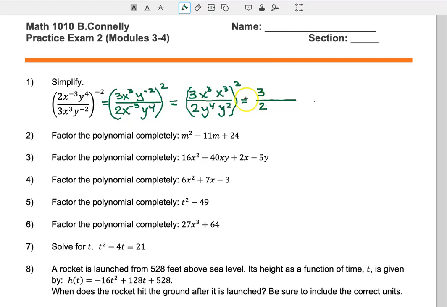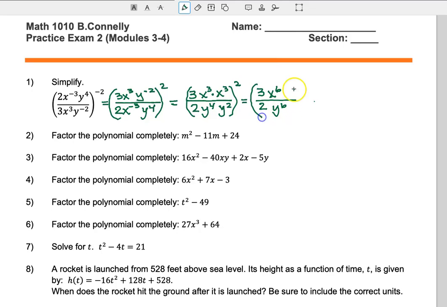So I have just 3 and 2 there. And now I'm going to combine my x's together, right? When these are combined, if they're connected by multiplication, I add those exponents together. So 3x to the 6th is what I'm going to have there. And then on the bottom, 4 plus 2 is also 6, so y to the 6th.